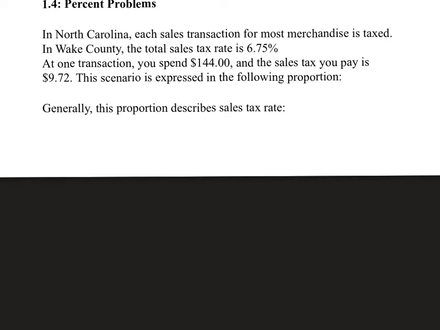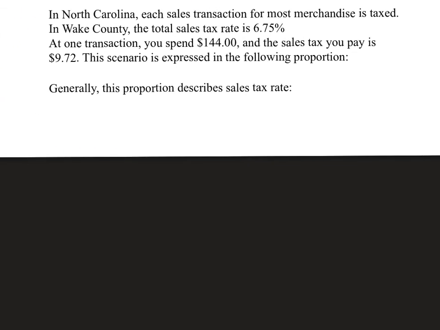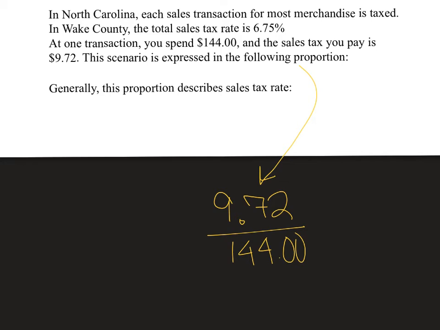So if you think about it, it would be 9.72 over 144 equals 6.75 over 100. So what you're looking at here is a sales tax proportion.